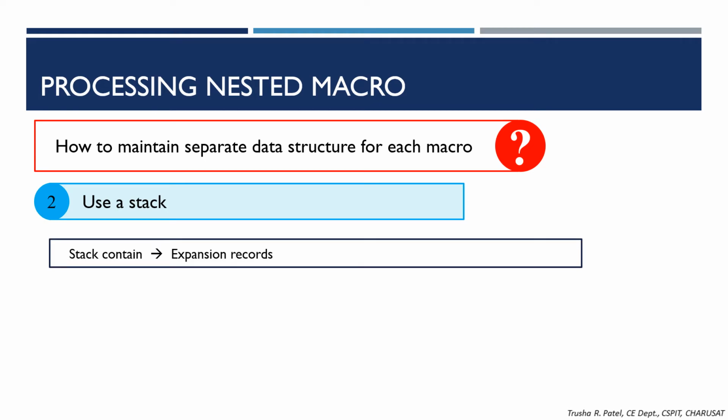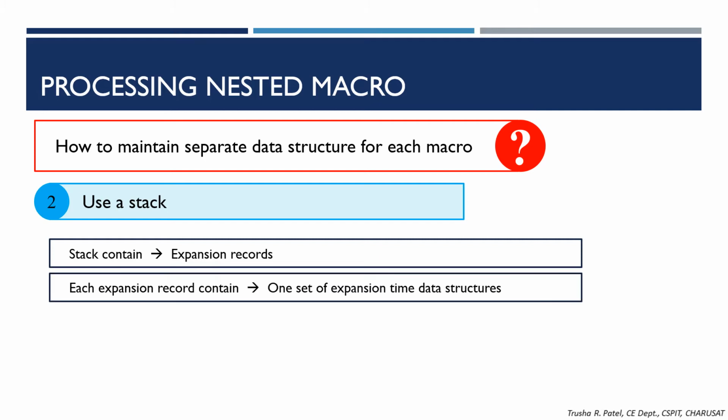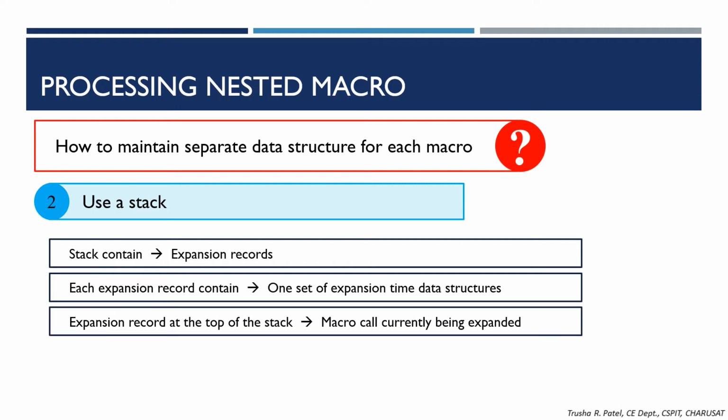Now here the stack contains the expansion records. Then what is the expansion record? The expansion record consists of the expansion time data for each of the macros. The expansion record at the top of the stack contains the data structures of the currently expanded macro.